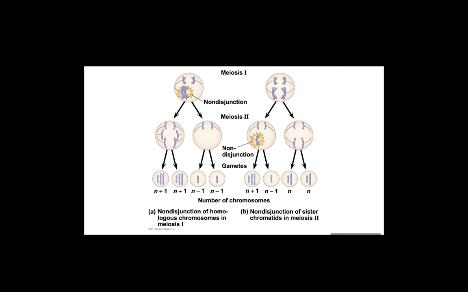Here, a pair of chromosomes or even sister chromatids cannot separate correctly. Therefore, the daughter cells will have an abnormal chromosome number. We call this non-disjunction.